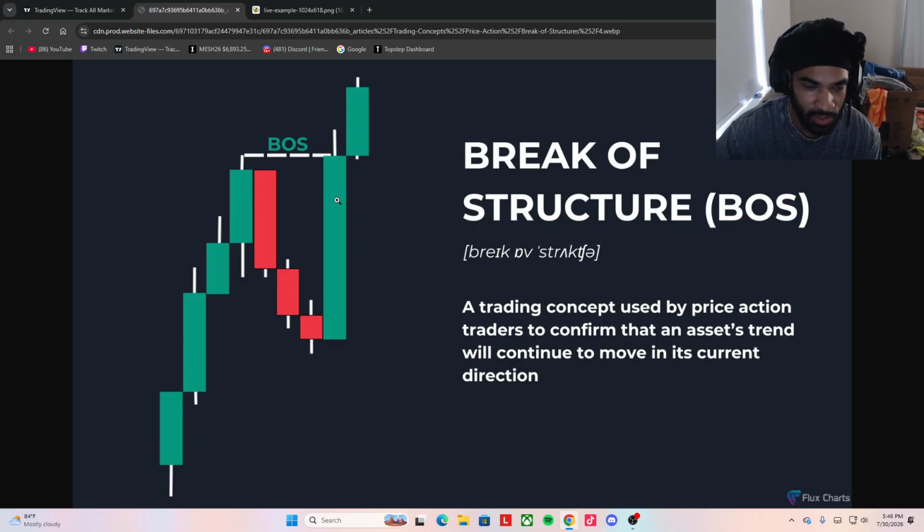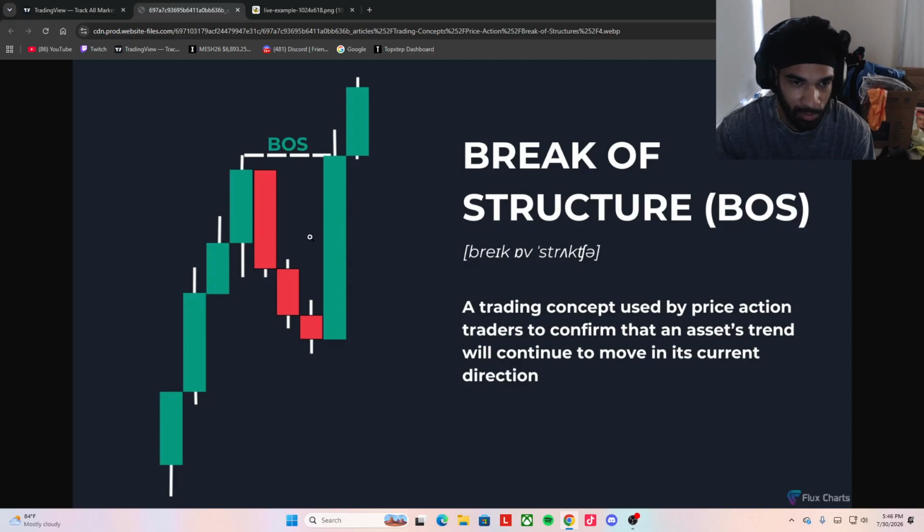Usually we keep breaking structure to the upside. That's usually our uptrend. We keep making higher highs, as we talked about in the last video. The trends: uptrend, higher highs, higher lows. Downtrend, we have lower highs, lower lows, right? So basically we keep breaking structure to the upside.